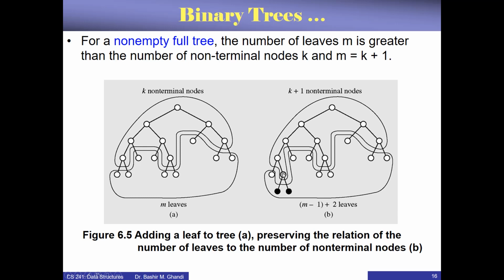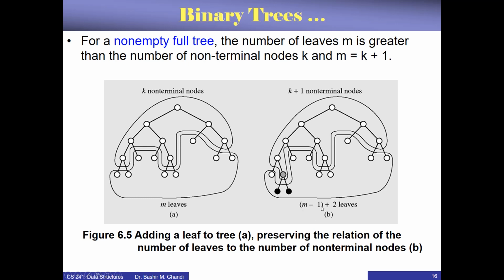So if they were 8, now they are 9. How about the leaves? Are they also increasing by only 1? Of course yes, because although we added 2 leaves, we have removed 1, because this was a leaf before and now we change it to non-leaf. So effectively we have added only 1 leaf.